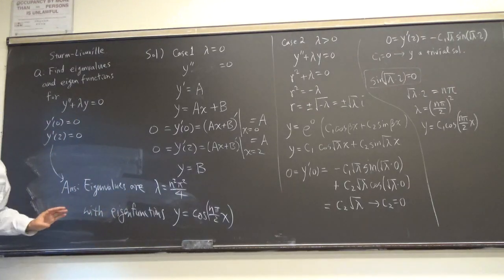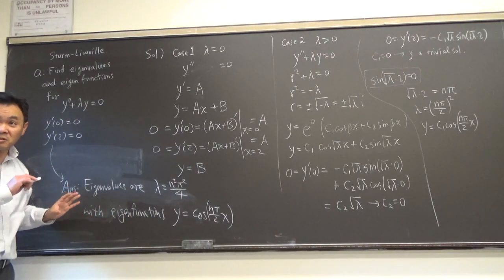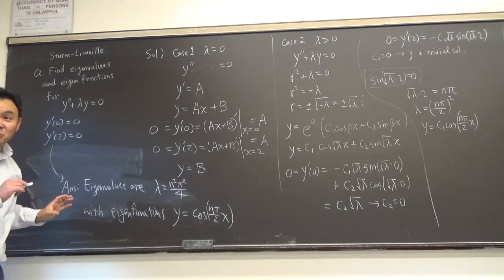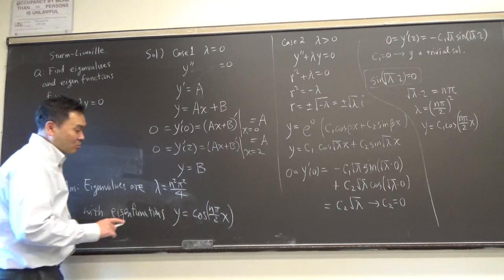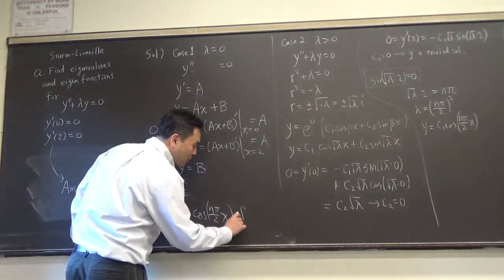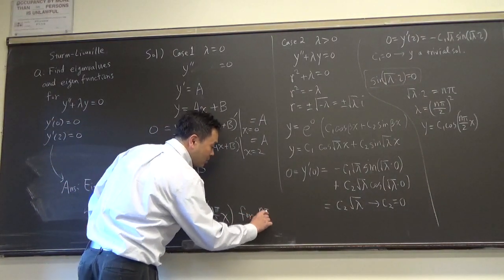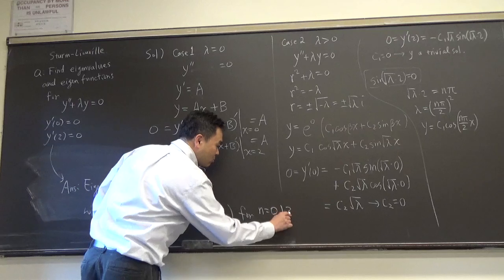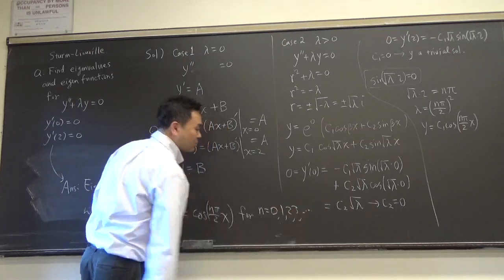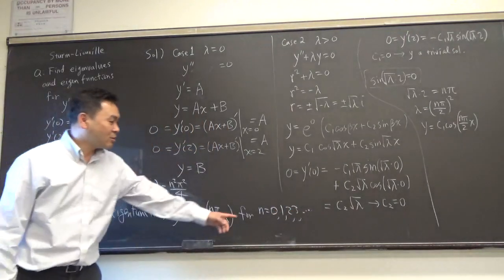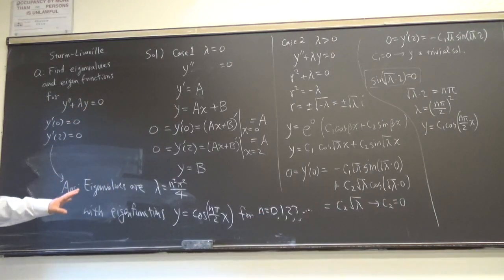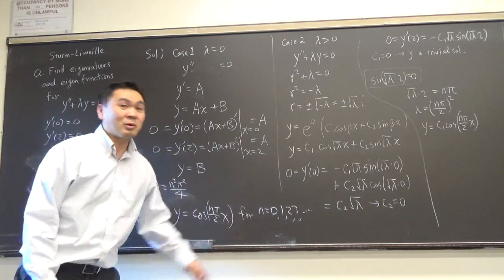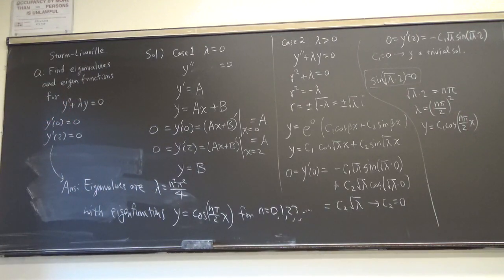Therefore, and this is a very important point, when you write this on the exam, forgetting this will cost you 1 point, okay? Whatever that question is, right? And the important thing is, for n equals 0, 1, 2, 3, and so on, okay? So whether it's 0 or 1 or something else, it's very important that you write down the possible values for n. Okay?